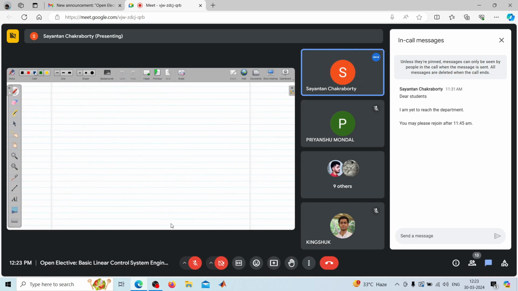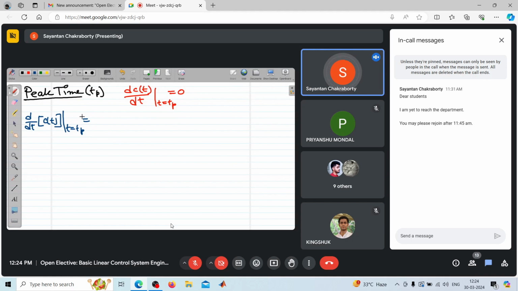Next, peak time Tp. Now from the definition of peak time, we can write that dc(t)/dt at t equal to Tp should be equal to 0. So if you now calculate this d/dt of c(t) and equate that at t equal to Tp, then I'll just write down directly.